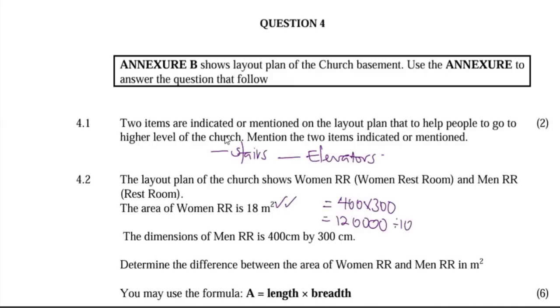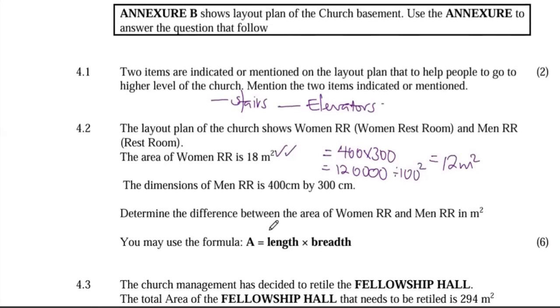Divide them to get meters squared. The answer became 12. Okay, so we're going to look for the difference between the areas.